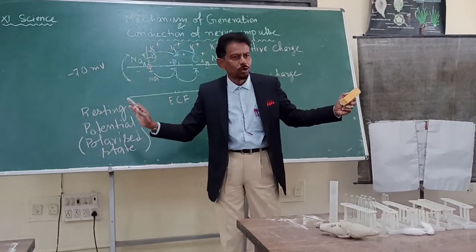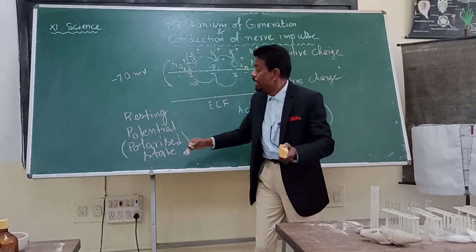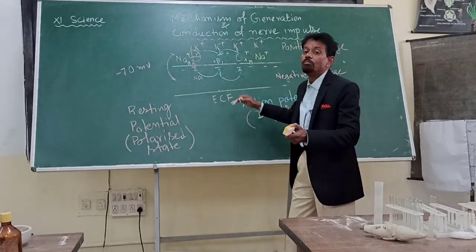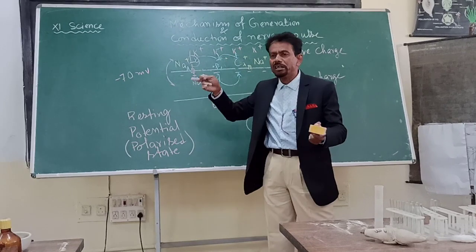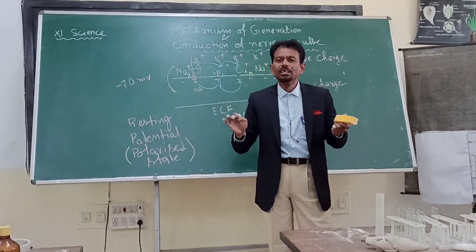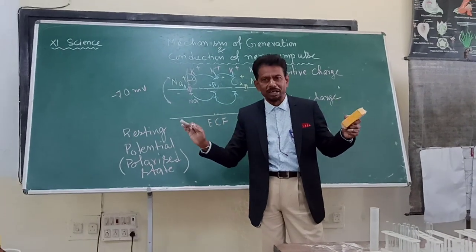Is it very clear to you? In that way, polarization, depolarization, and again it will come back to the state of repolarization. The process will continue. This is how the nerve impulse is transmitted.